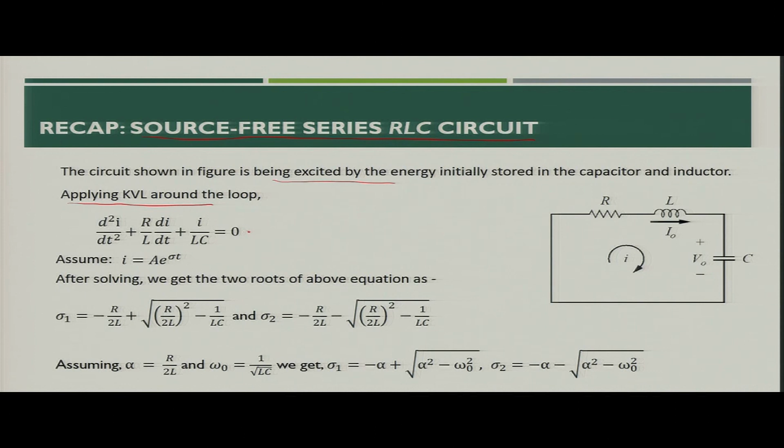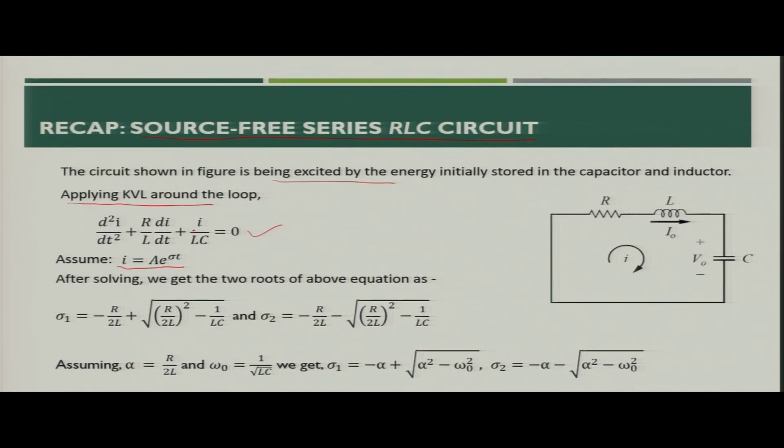We established that the equation using KVL is a second order equation, that is d2i by dt2 plus R by L into di by dt plus i by LC equal to 0. We assumed that the current is i equal to A into e to the power sigma t.